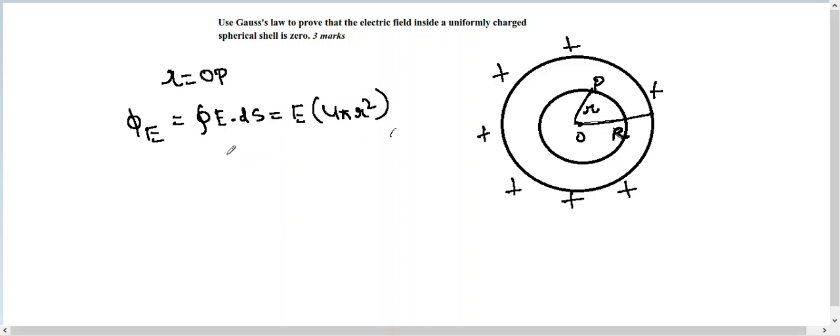It is the surface area of this small shell, that is of small r radius. As per Gauss theorem, the total electric flux phi should also be equal to 1 upon epsilon naught times the total charge enclosed.